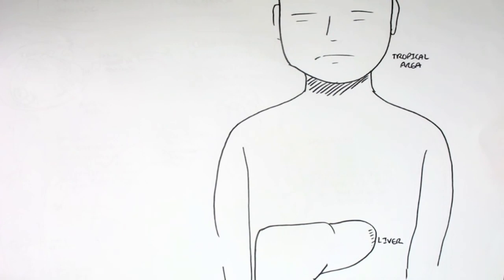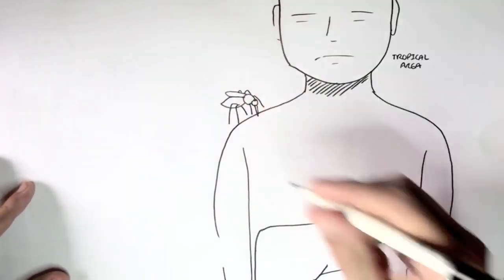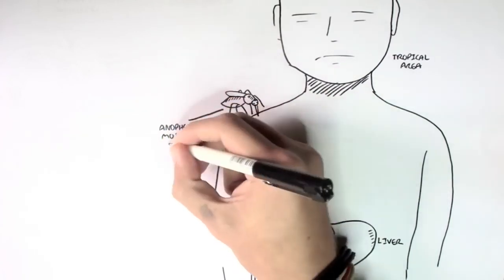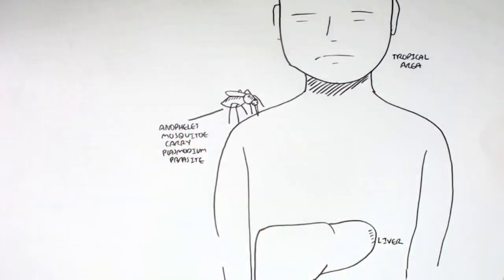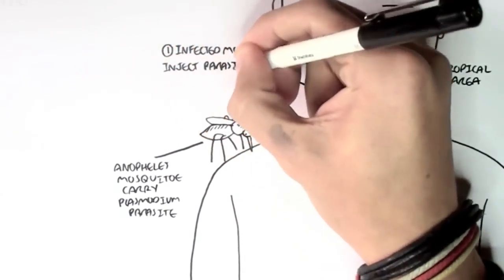As well, I'm drawing a liver here because the liver has a main role in the malarial infection. Now here I am drawing a female Anopheles mosquito, which is carrying the Plasmodium parasite. It's a female because female mosquitoes are the ones that bite and suck blood from humans and infect humans.